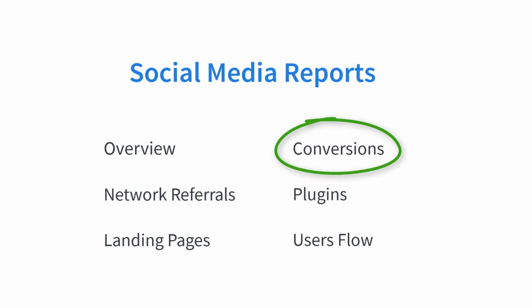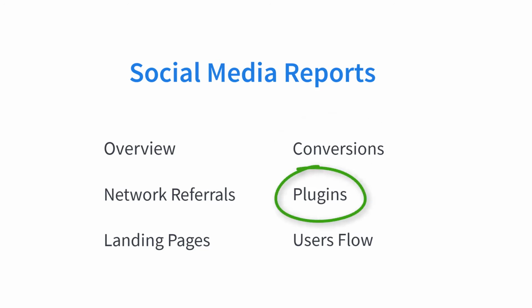Often social will play a role earlier in the sales cycle. When that happens, it isn't always counted as a conversion source because it wasn't the last source that led to the conversion. You'll want to click on Assisted versus Last Interaction Analysis to get a better picture of the role social played in the conversion funnel.